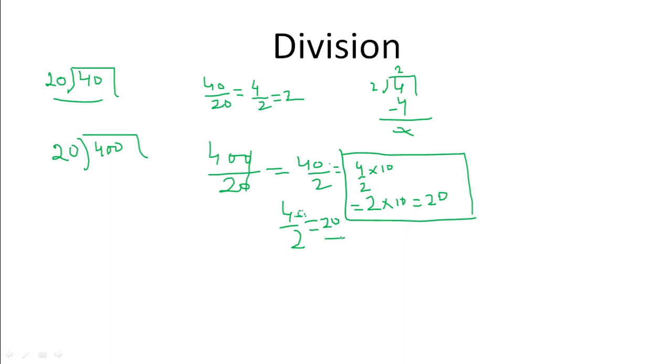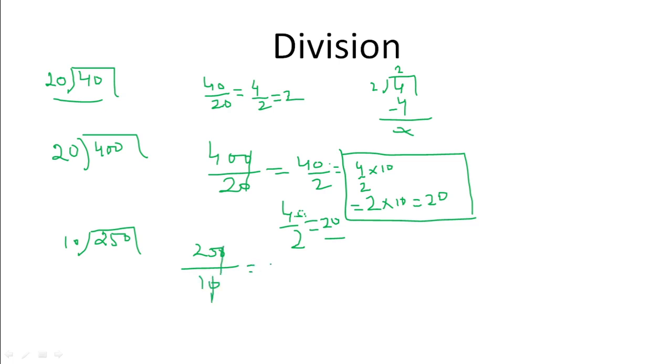Okay, now 250 divided by 10. You can see unit place 0, unit place 0. So what we can do, 250 divided by 10, and this 0 is cancelled by this 0.